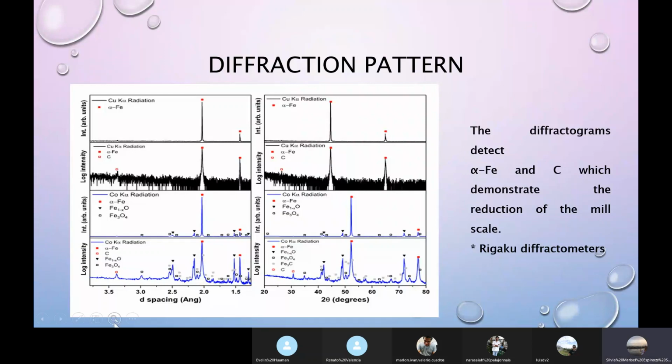In fact, the X-ray taken with the cobalt source also identifies magnetite, wustite, and cementite.